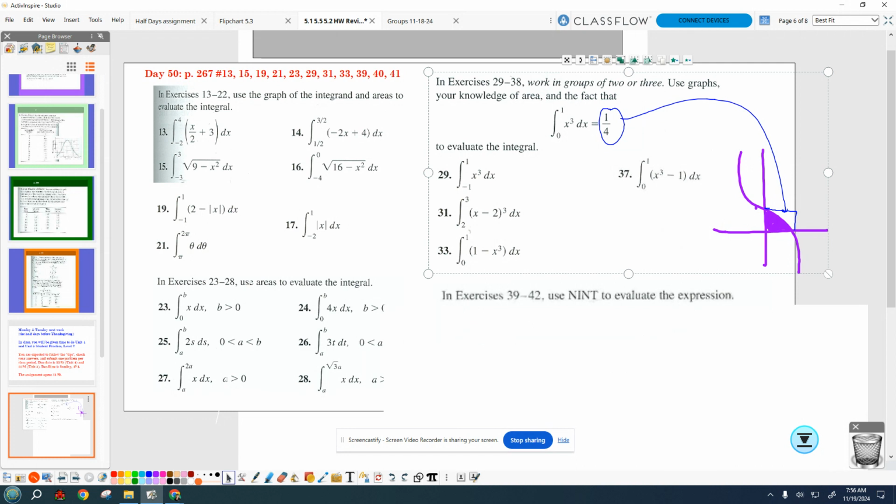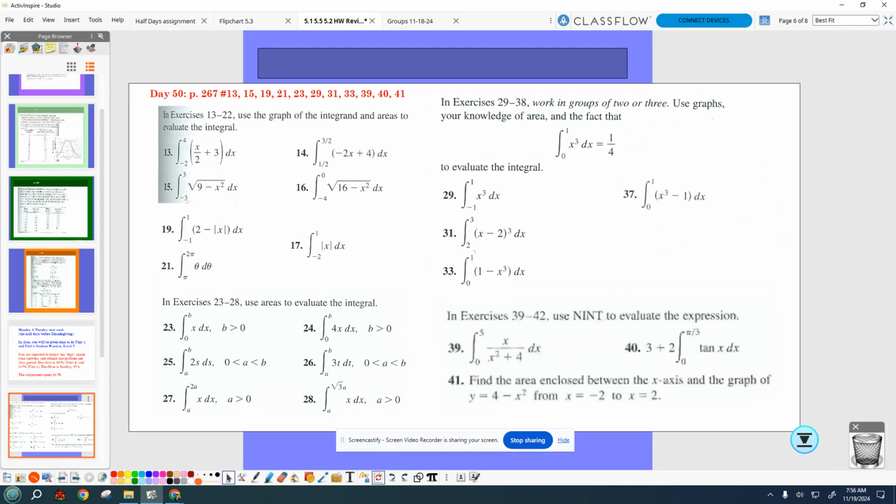So actually, I think 37 was assigned yesterday, or should have been. X cubed minus 1, how does that move the whole function?